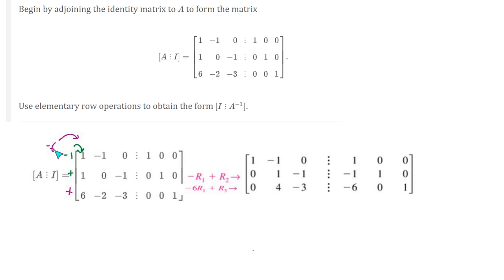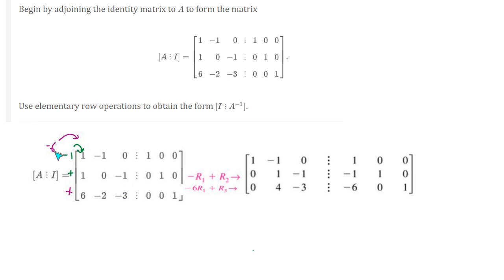We're going to multiply -6 times 1, and then add it to that last row. So -6 times 1 is -6, plus 6 is 0. And -6 times -1 is +6, plus a -2. It's going to be +4.